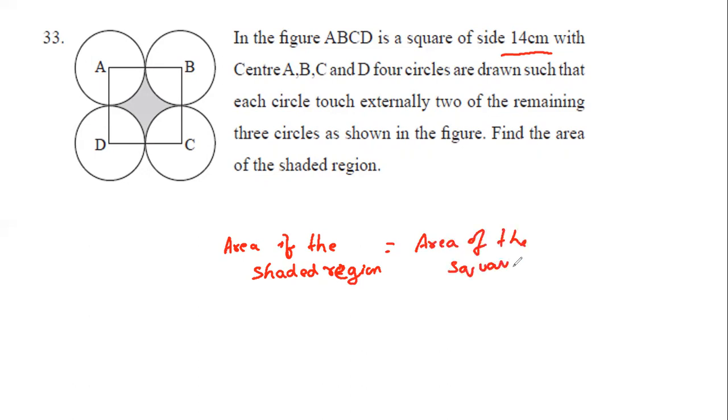minus this one. Look, observe here, the circle is divided into 4 parts, right? So one part is there here. So this part is the area of the quadrant. Minus how many parts are there? 1, 2, 3, 4. So 4 parts, 4 into area of the quadrant.